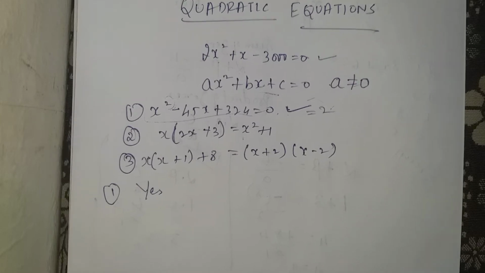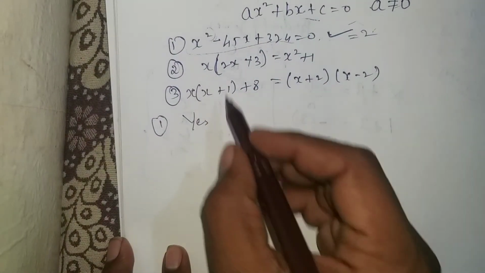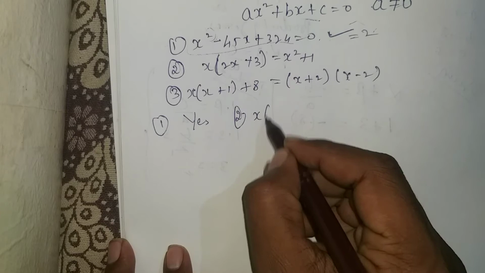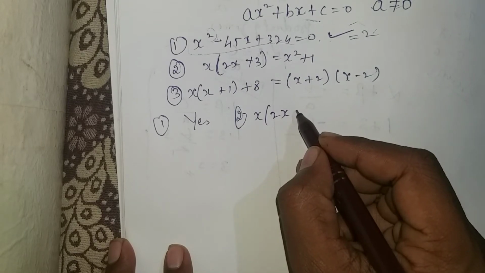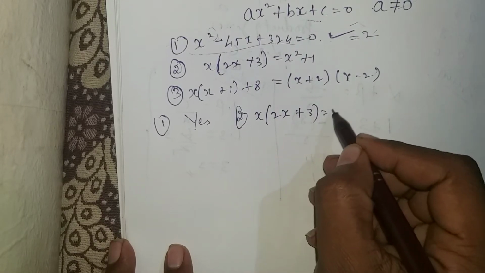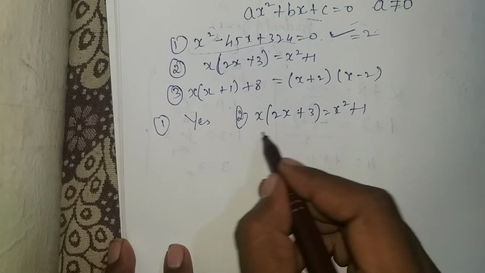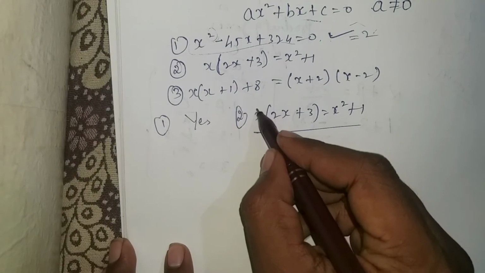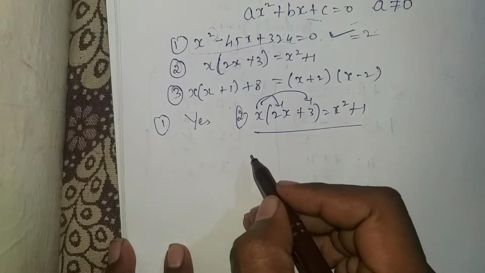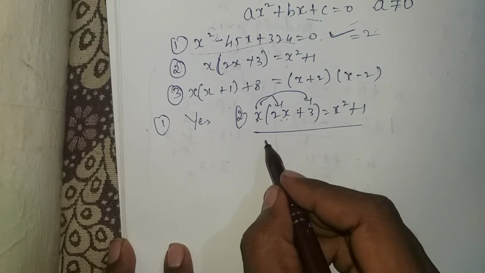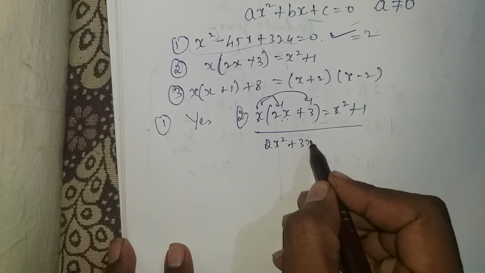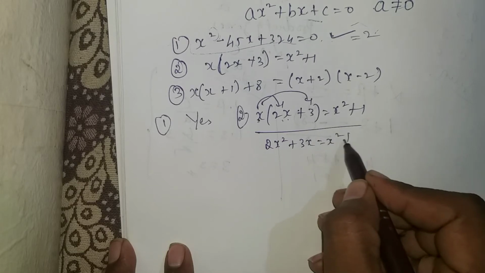Can you see the second one? 2x into 2x plus 3 is equal to x square plus 1. I need to solve this one first. I need to multiply x inside. Once I multiply, it becomes 2x square plus 3x is equal to x square plus 1.